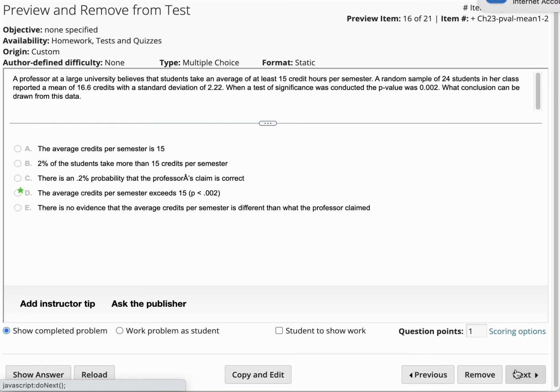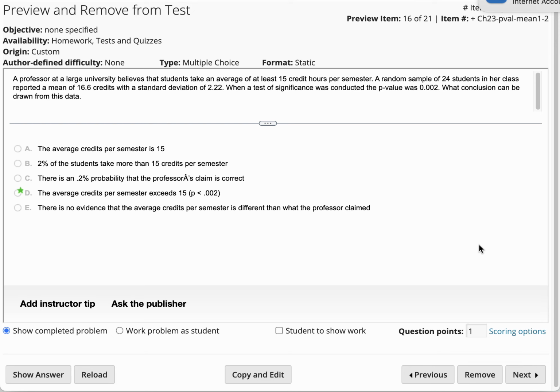A professor at a large university believes students take on average at least, look at that, that's an important word, 15 credit hours per semester. A random sample of 24 students in the class. This is again something you'd have to use StatCrunch to come up with your p-value.